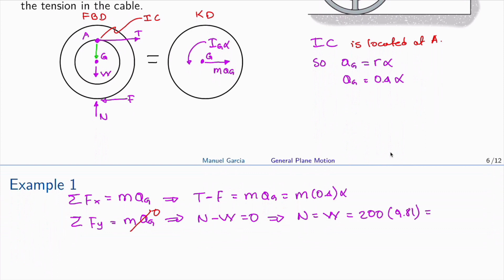So this is equal to 1962 newtons. Now we still don't know the values for alpha and the friction force.